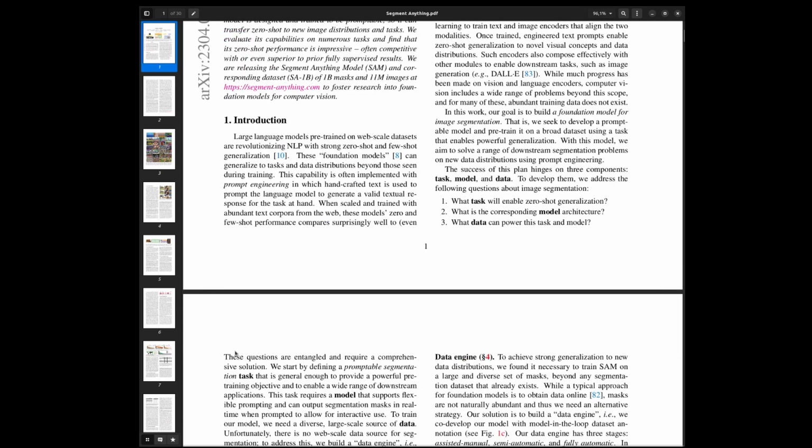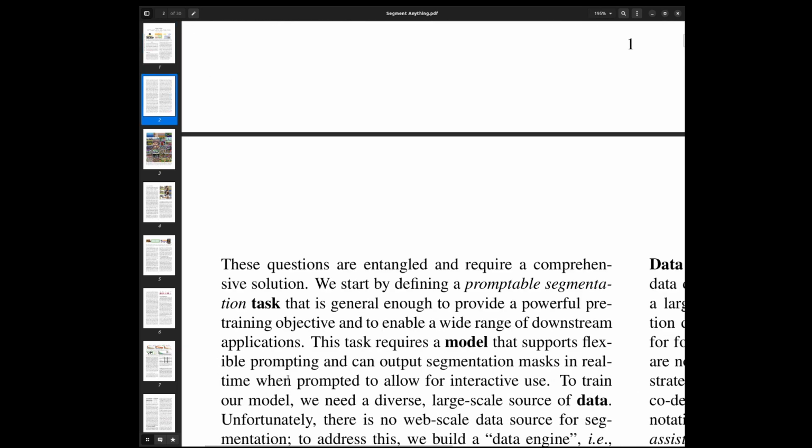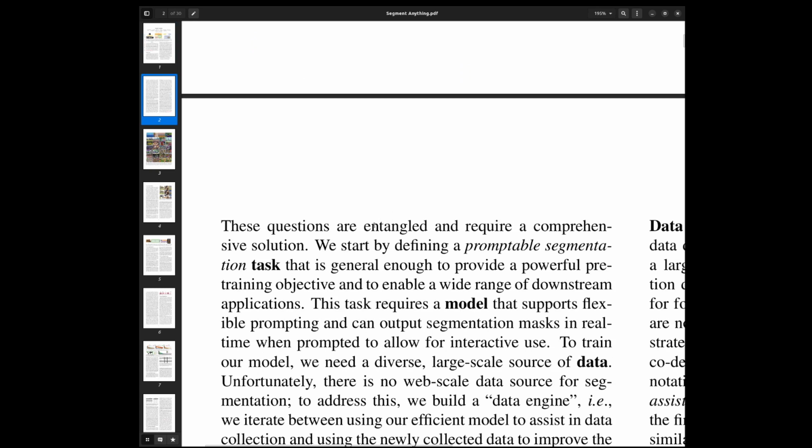Okay. These questions are entangled and require a comprehensive solution. We start by defining a promptable segmentation task that is general enough to provide a powerful pre-training objective and to enable a wide range of downstream applications.